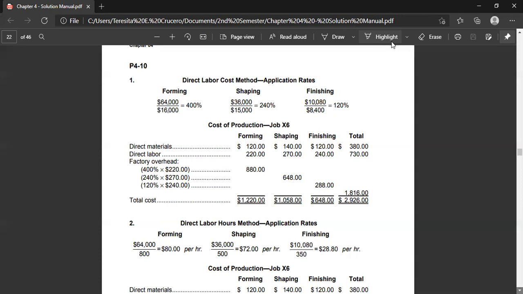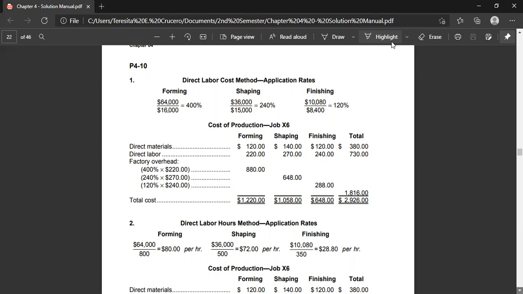Now, determining job cost calculation of predetermined rate for applying overhead by direct labor cost and direct labor hour methods. Beamer Products Incorporated has its factory divided into three departments with individual factory overhead rates for each department. In each department, all the operations are sufficiently alike for the department to be regarded as a cost center.